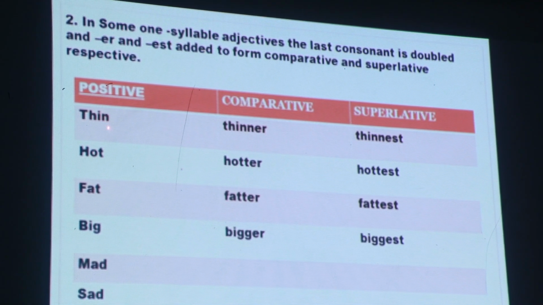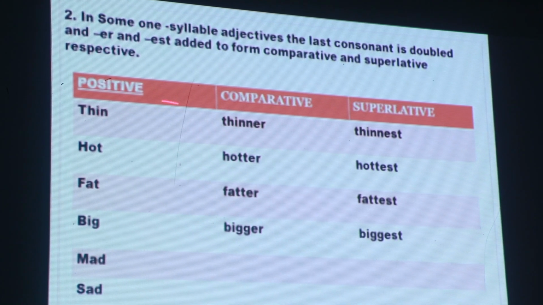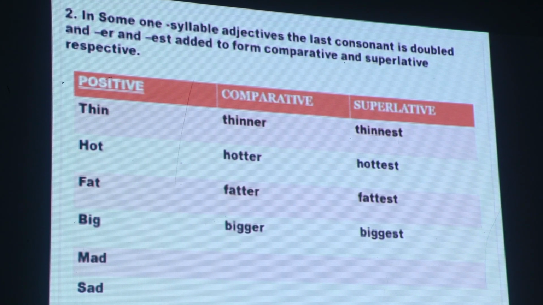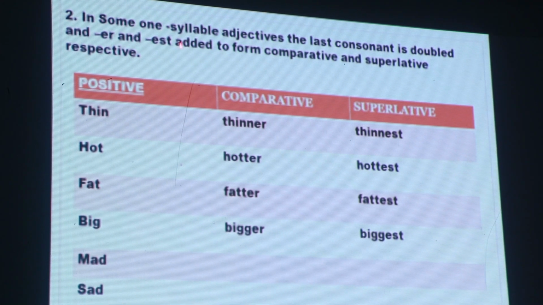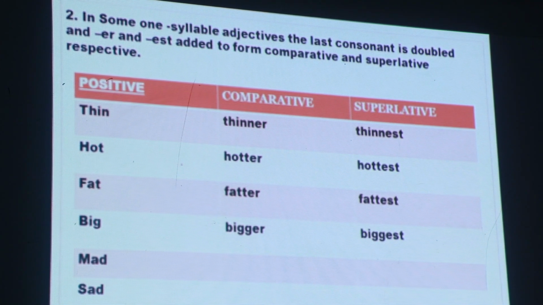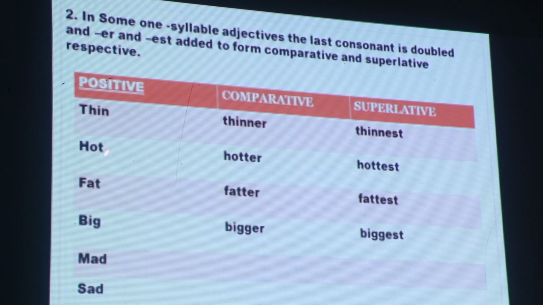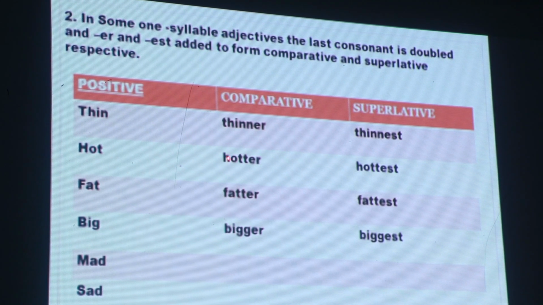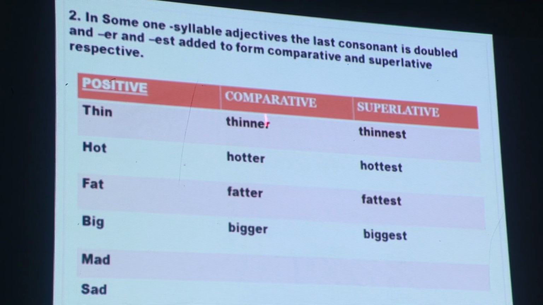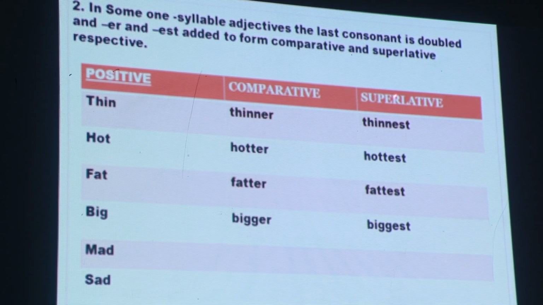So you're going to double n there. So it's going to be thin, thinner, thinnest, because you are going to apply this rule, which says you're going to double the last consonant letter. This one is the last consonant letter there. You're going to double them, and then add er for the comparative and est for the superlative.